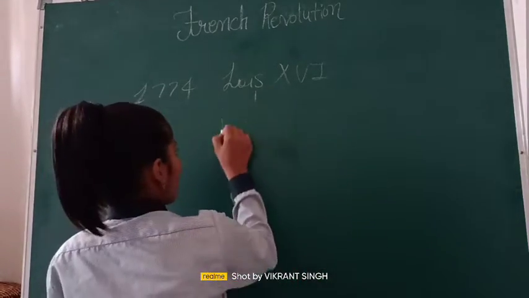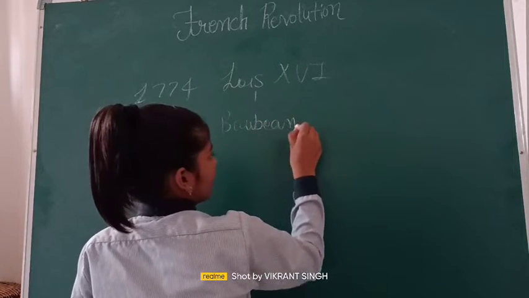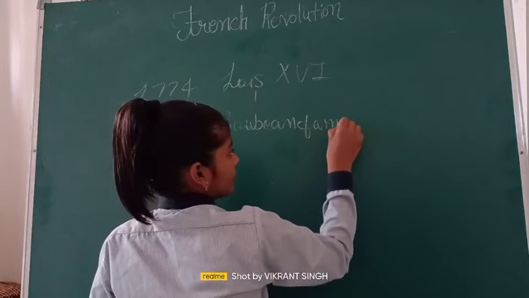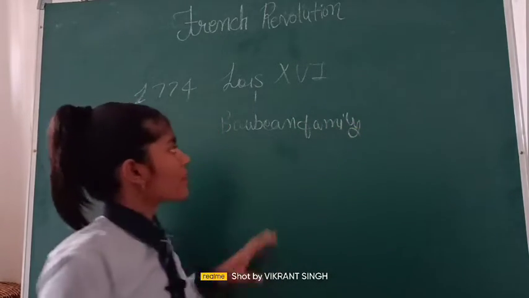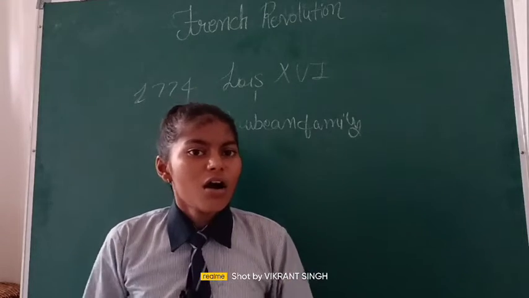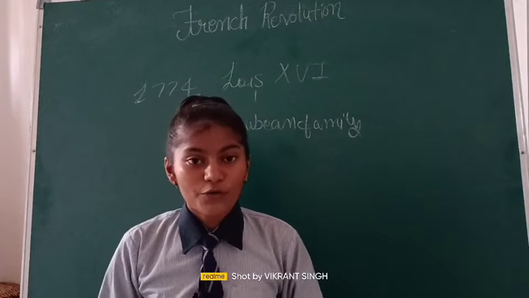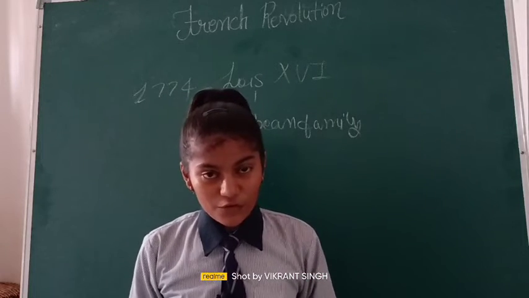He was a prince of the Bourbon family. Now he became the king and annexed the throne of France in 1774.